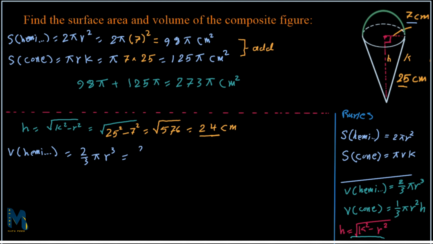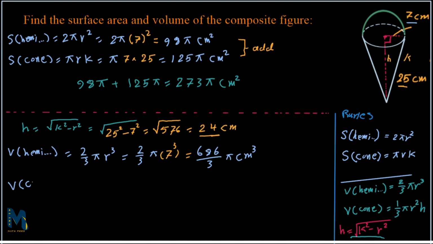So 2 over 3 pi, our radius is 7 to the power 3. The result will be 686 over 3 pi centimeter cube. This is how we found the volume of hemisphere.